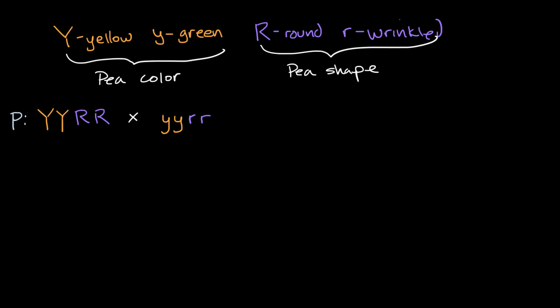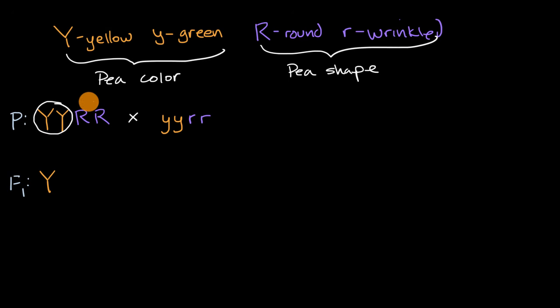Now, what's going to happen when they cross? What does the F1 generation look like? Well, we know from Mendel's law of segregation, for each of these genes, that when a gamete is created, it randomly gets one copy of each of these genes. So for this first one, it's going to randomly get one of these capital Y's. So it's going to get a capital Y for sure from this first parent.